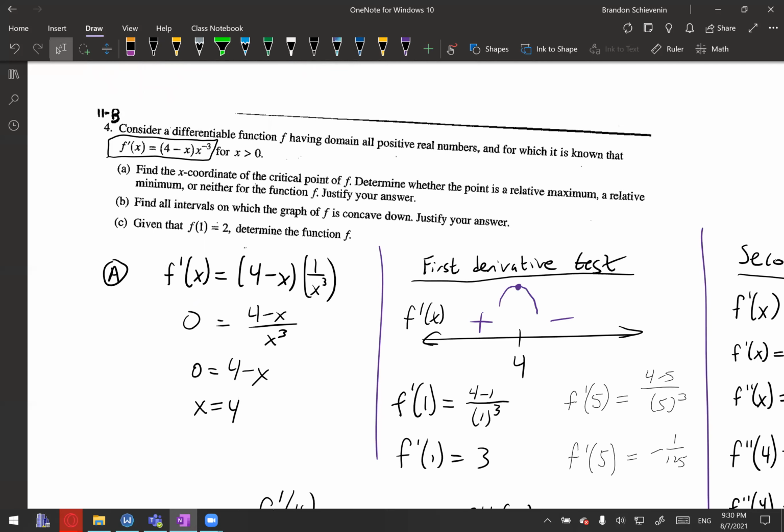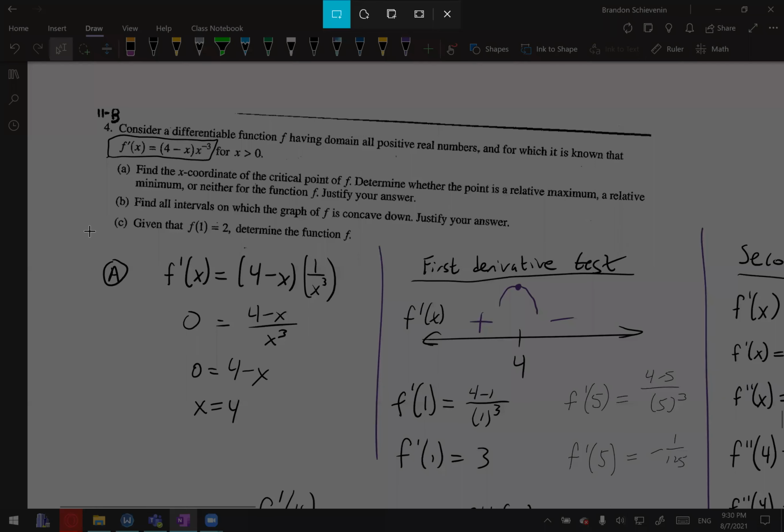Given that f of 1 is 2, find f. I'm going to have to screenshot again.